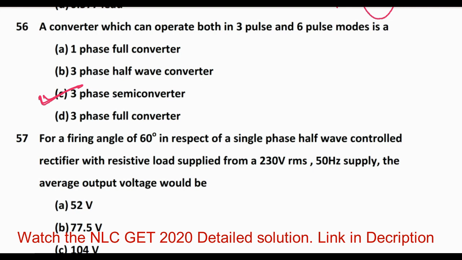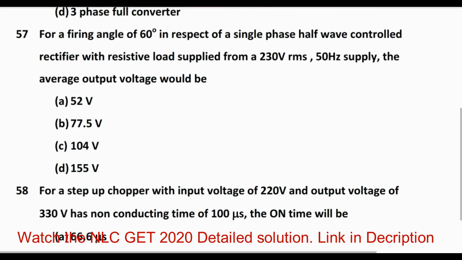For 6 pole it can be operated for alpha smaller than 60 degree. Alpha is the firing angle, and for 3 pole operation this can be operated for alpha greater than or equal to 60 degree.